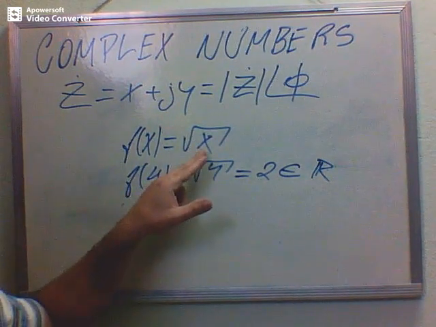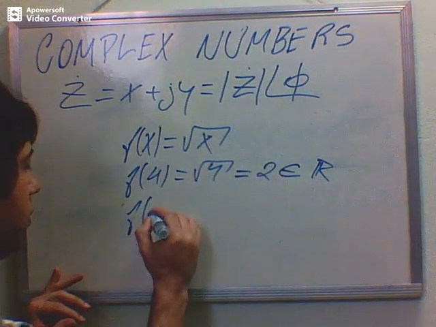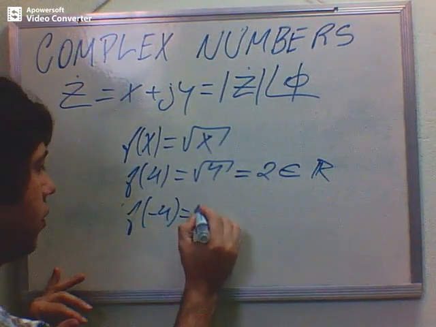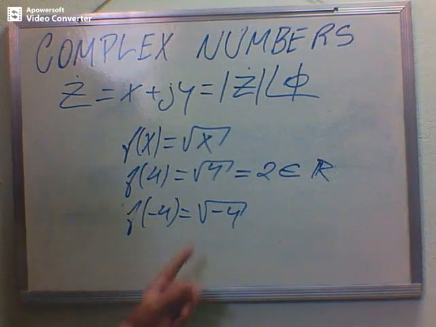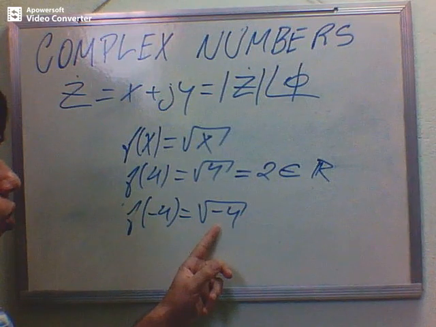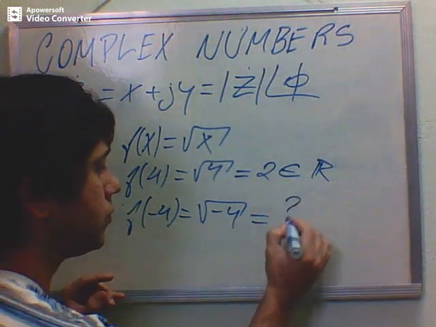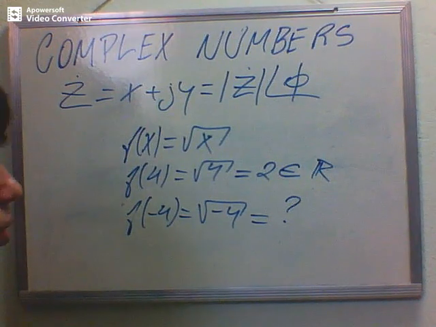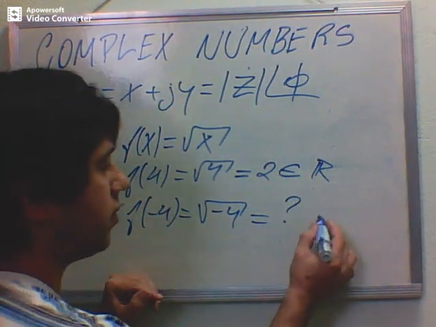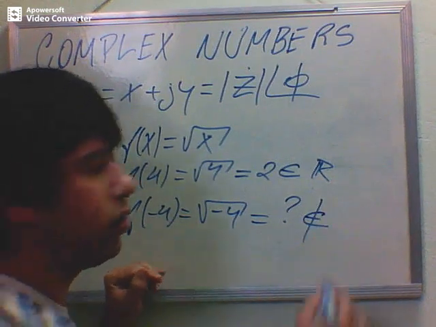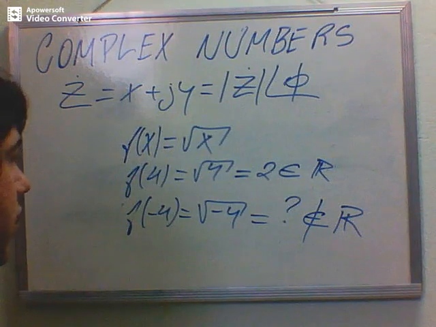However, what if I put a negative number here? F of minus 4 is going to be equal to the square root of negative 4. I don't know the number. What I do know is that this does not belong to the real set of numbers.